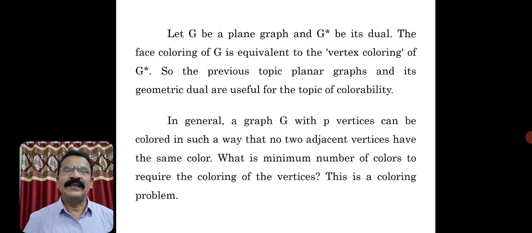As I said earlier, in general a graph G with P vertices can be colored in such a way that no two adjacent vertices receive the same color. So instead of saying coloring the map, what we are saying now is a graph, because it is a plane graph and we are finding its geometrical dual.